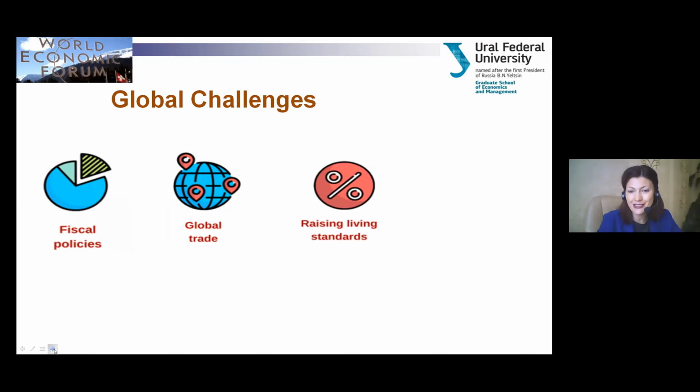Then raising living standards. Well, probably in the last 6, 7 months, our taste for life has changed. I'm broadcasting from my flat and I'm not at university at the moment due to some restrictions. I still love my chair, but I'm slightly tired of sitting in this chair for the past 6, 7 months.